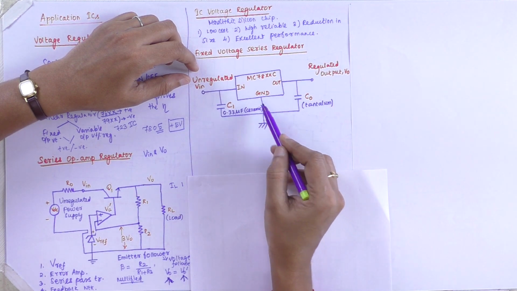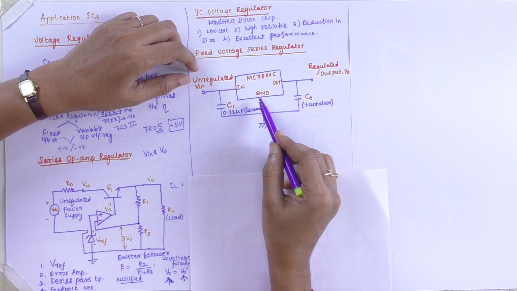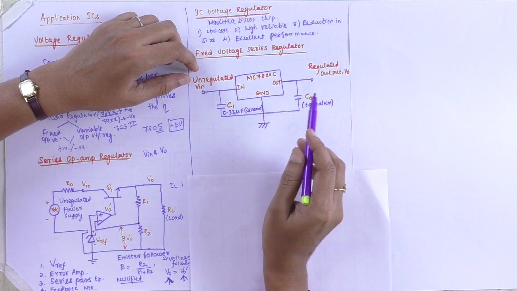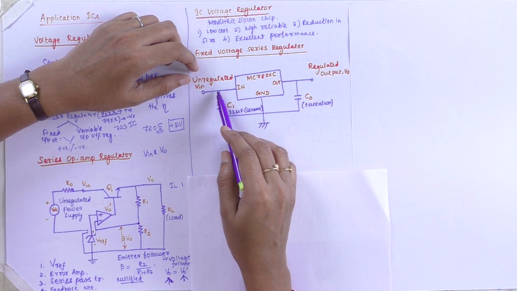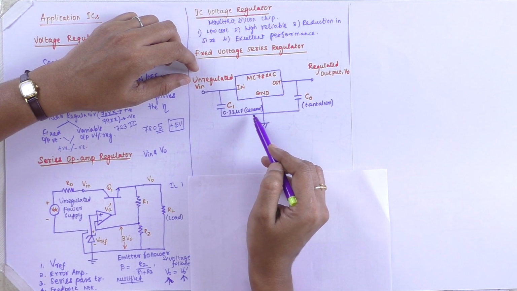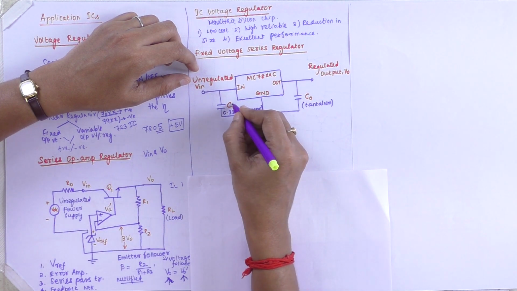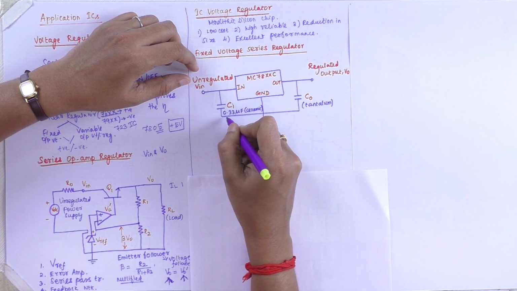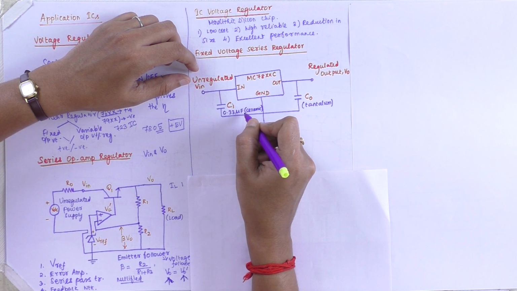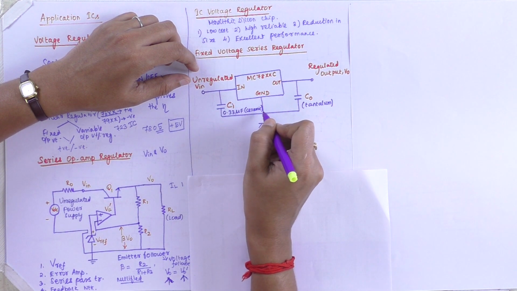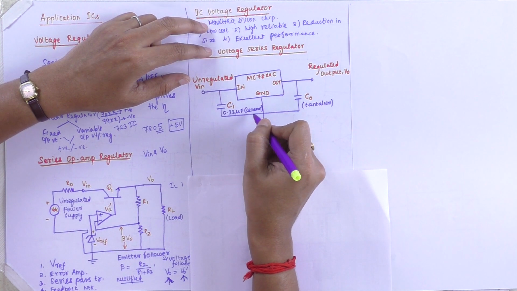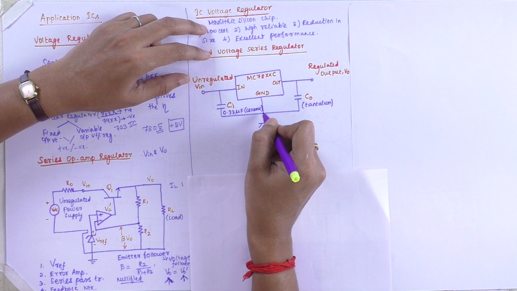The third terminal is the ground terminal, which is to be grounded. Between the input terminal and the ground terminal we have an input capacitor Ci with a value of 0.33 microfarad, made of ceramic material.